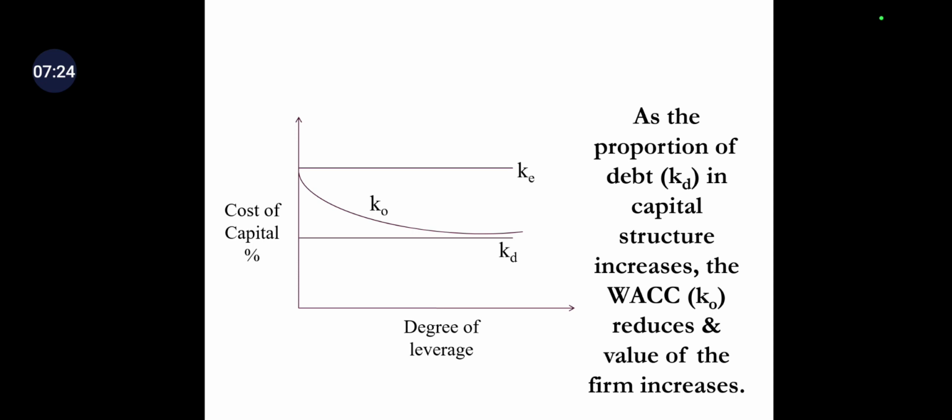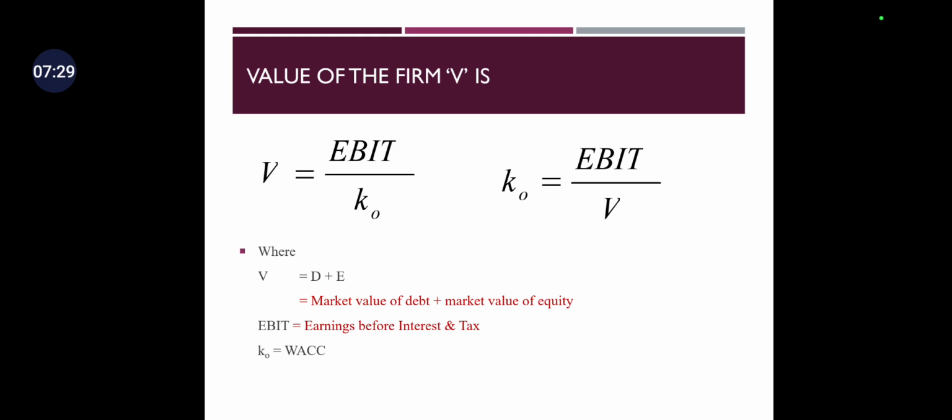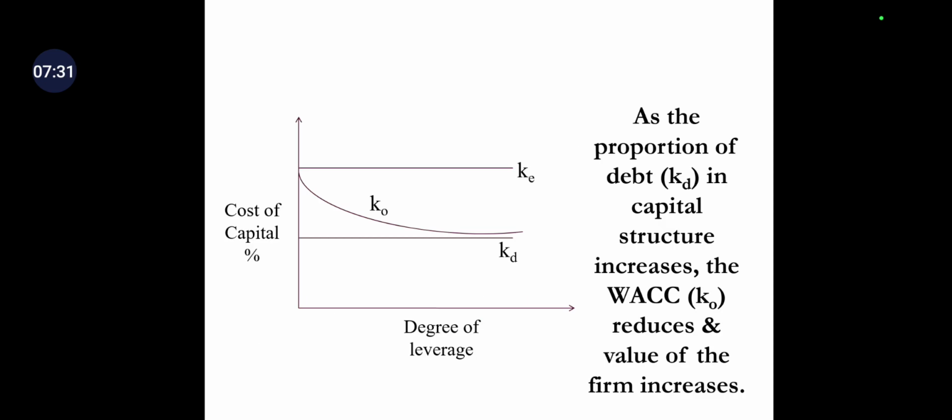On the left hand side you can keep the cost of capital, and below you can define the degree of leverage, that is the debt content and the equity content. I said in the assumptions that KD and KE remain constant. So there is a straight line, no change in the cost of equity and the debt.